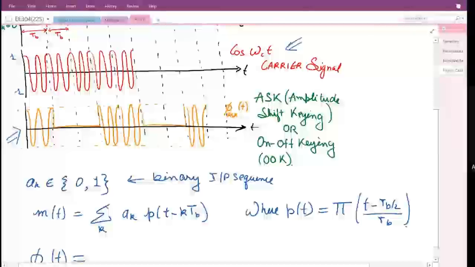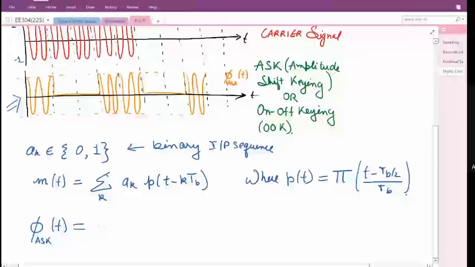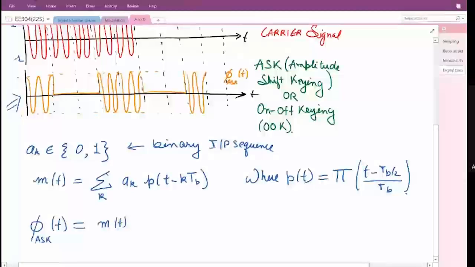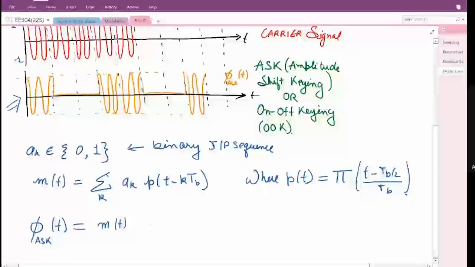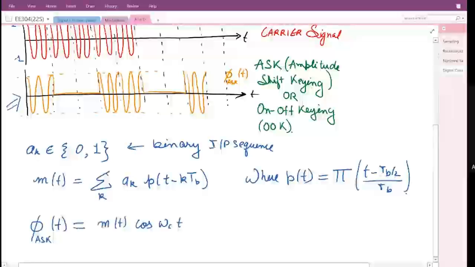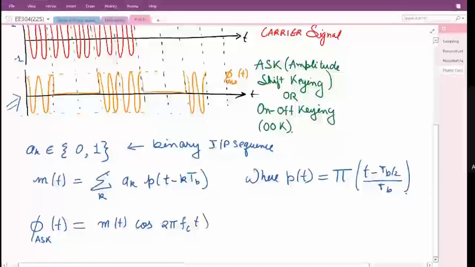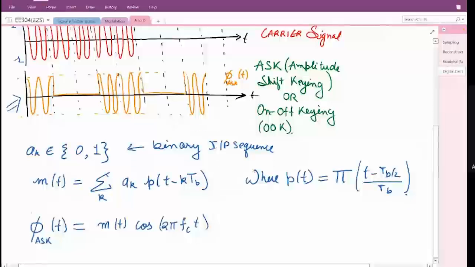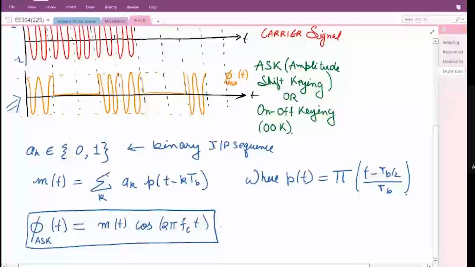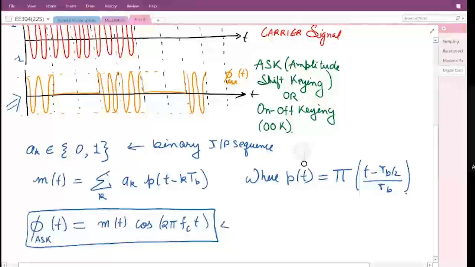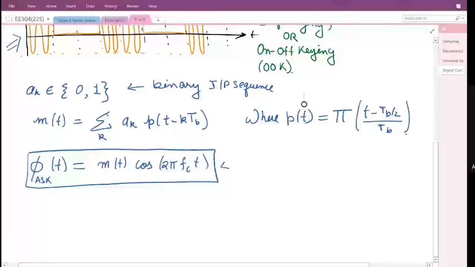We can directly write it as m(t) cos omega_c t. Can we write it like this? Yes, sir. Correct. So m(t) cos omega_c t, or effectively 2 pi f_c t, cos 2 pi f_c t. This is simply the ASK signal, called amplitude shift keying.